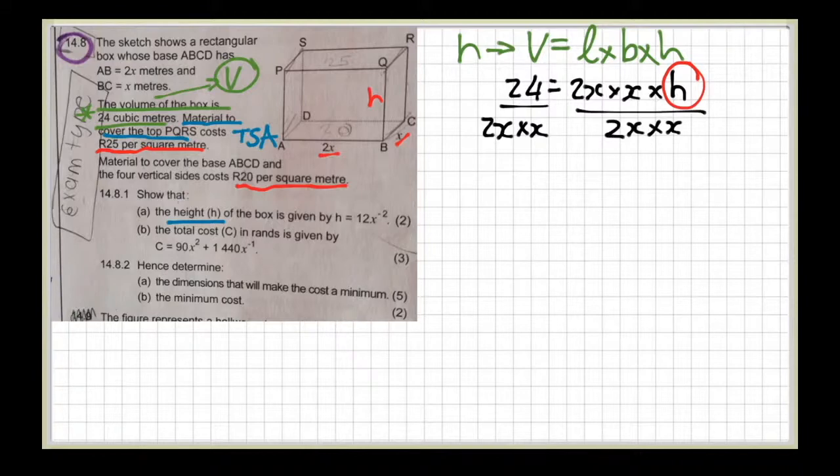So in other words, 2 goes into 24, 12 times. x times x is x squared. That is height. Now just look at the answer they give you. Let's just manipulate 12x to the negative 2. Boom! It's done.